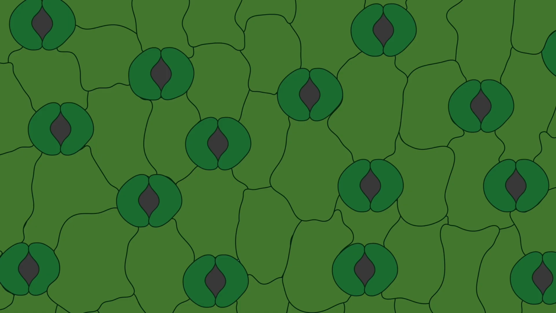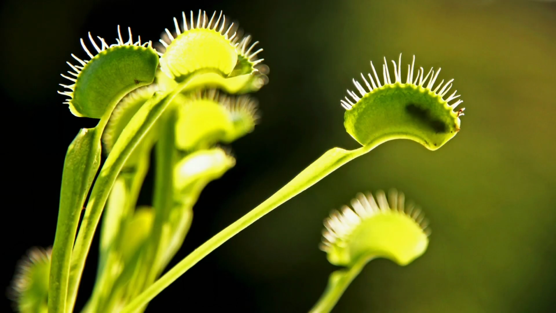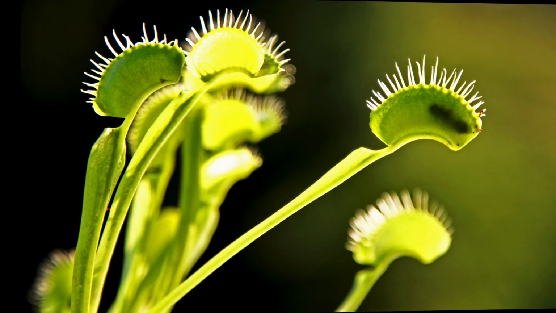These stomata can open and close depending on the time of day and the weather conditions. There are even some quite frankly bizarre behavioural adaptations, like the Venus flytrap that can open and close its leaves to trap insects inside and break them down into nutrients that are not available in the soil.